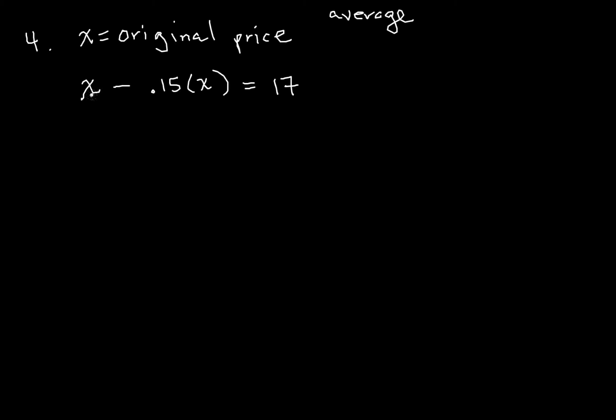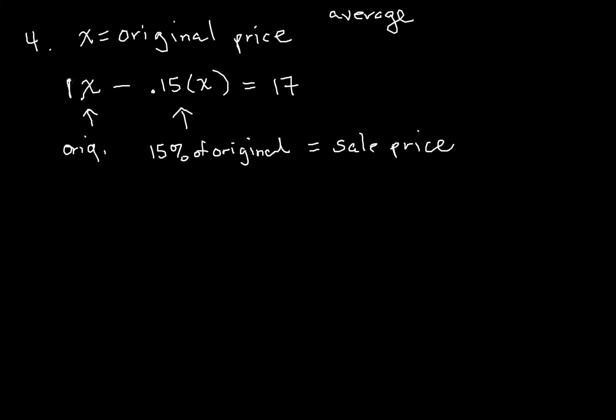Okay, so you have the original price and you're subtracting off 15% of the original price. So this is the original price, we're subtracting off 15% of original price, and that's going to equal the sale price.